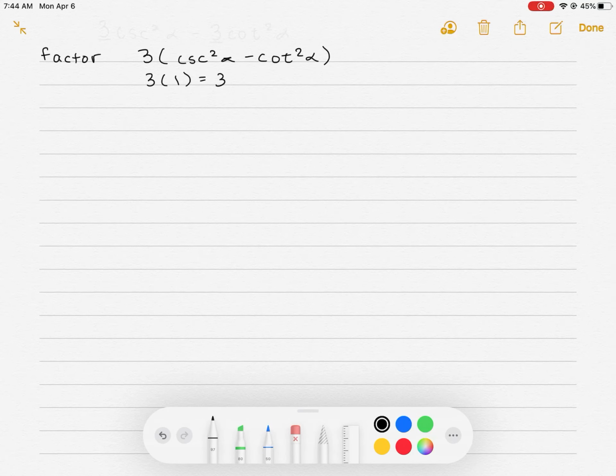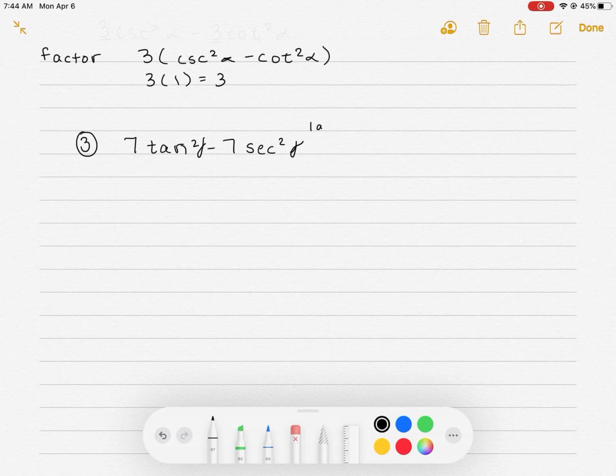All right, so let's look at this one. Let's say we have 7 tangent squared minus 7 secant squared, and we'll make that of lambda.